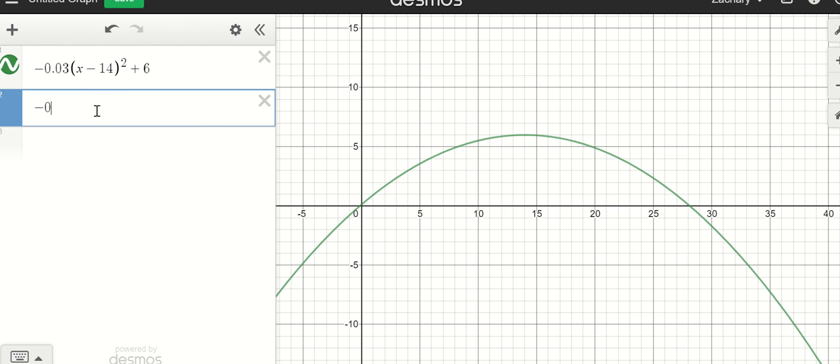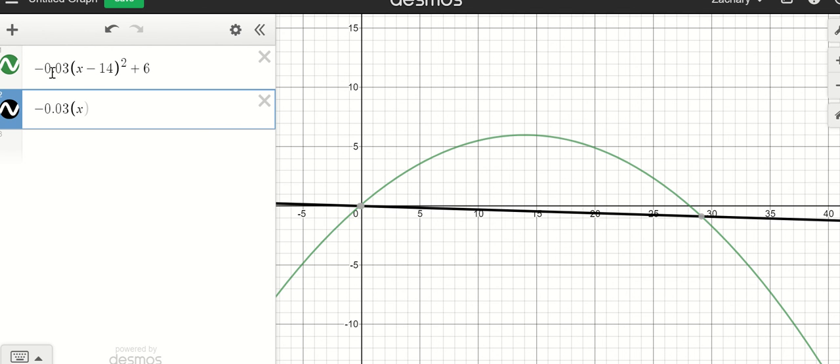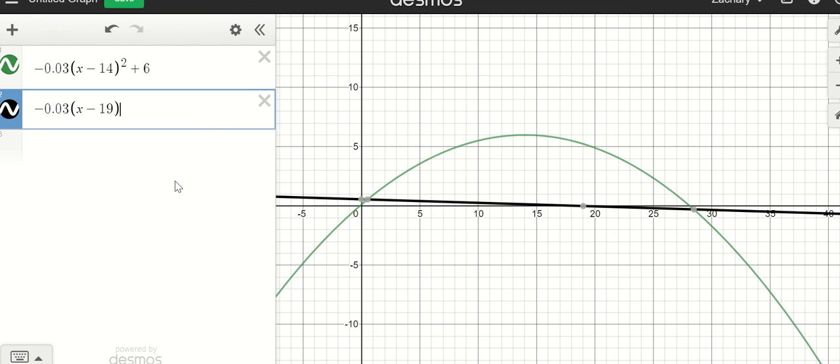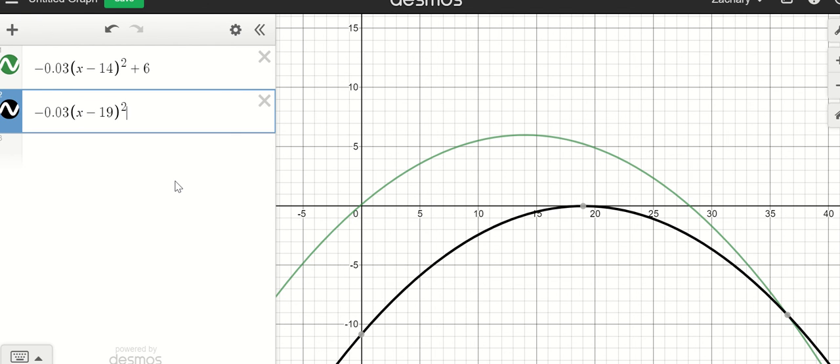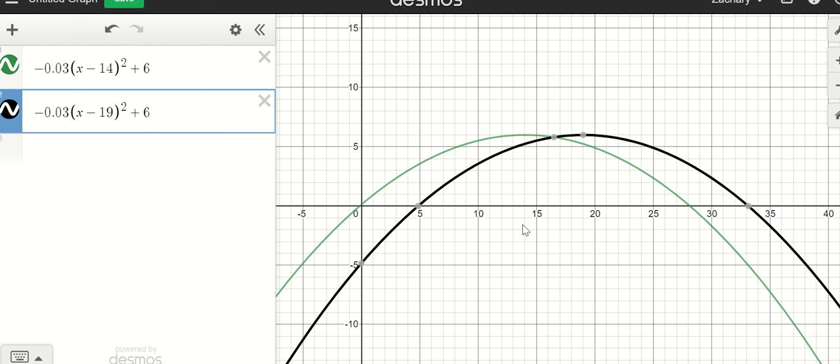Now, this first thing I'm going to do isn't really exactly what we want, but if I were to shift this landing point 5 feet to the right, so 5 feet further away, I would have to subtract 5 from the x. Right, so x minus 5 minus 14 will simplify down to x minus 19. Alright, so we can see that gives us a landing point that's 5 feet further away.